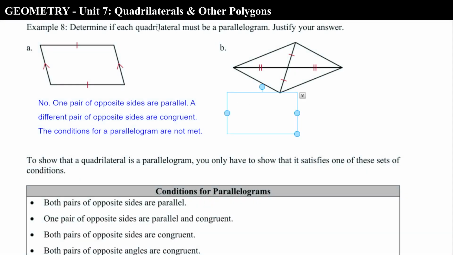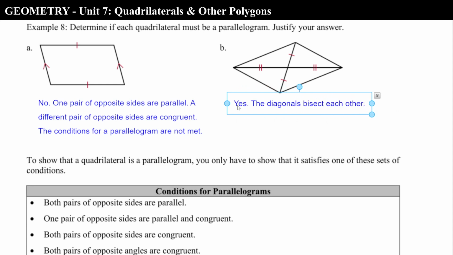All right, let's check out B. So for B, we do have a parallelogram, and the reason is the diagonals bisect each other. So therefore, the quadrilateral is a parallelogram.